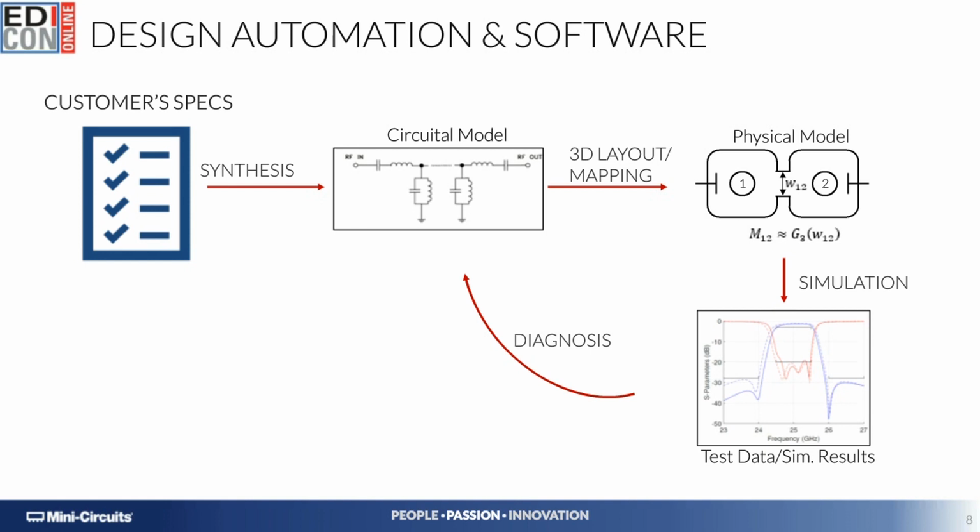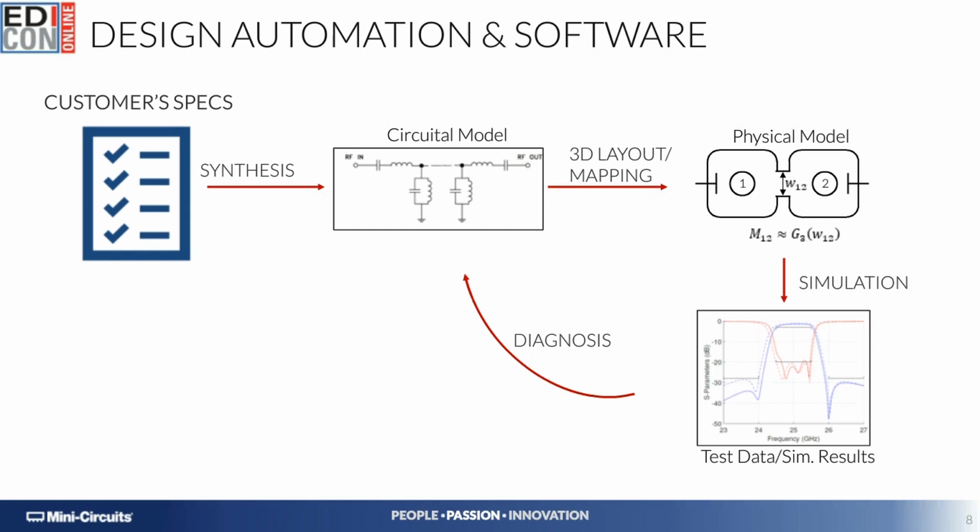The actual design workflow goes through synthesis, diagnosis, and tuning as a way to create custom-based designs. First and foremost, we get our customer specs, and those specs are entered through a synthesis process to quickly generate a circuital model of a filter and verify ideal performance of the same.